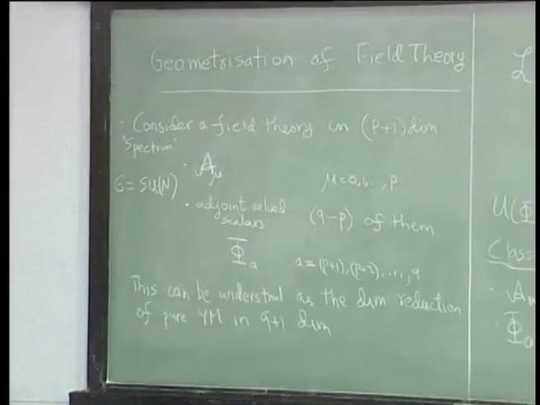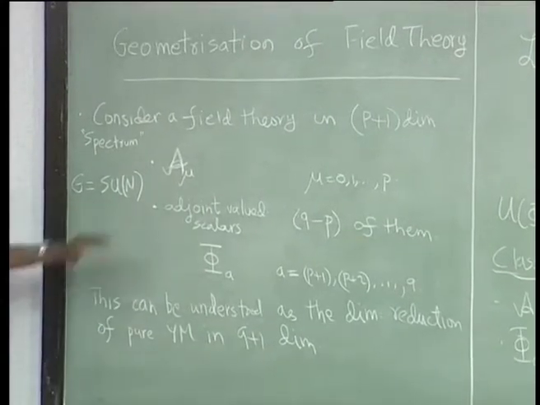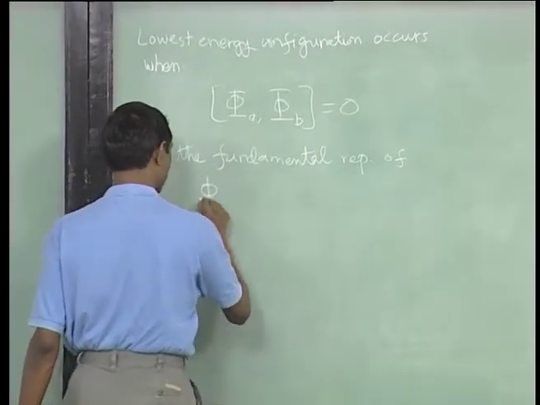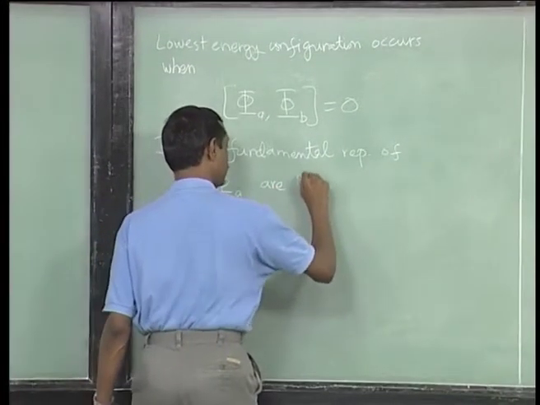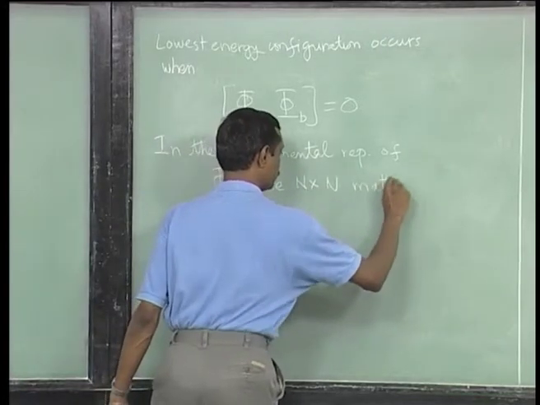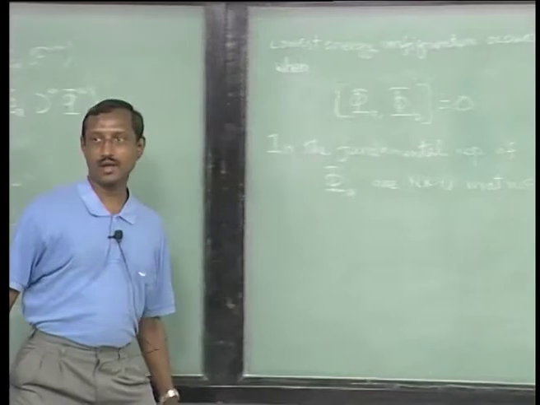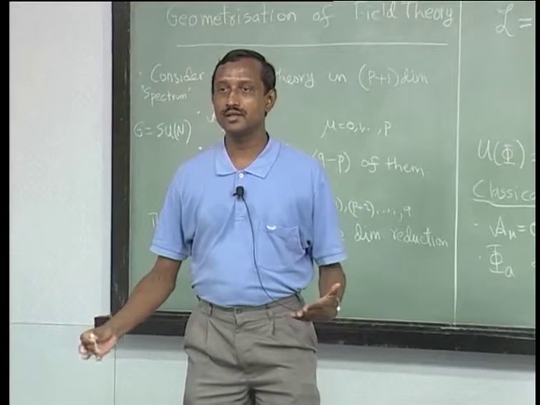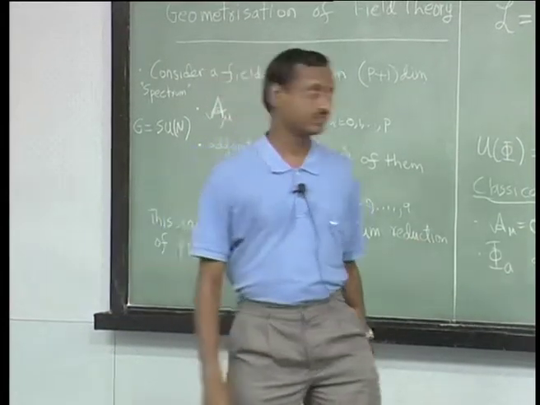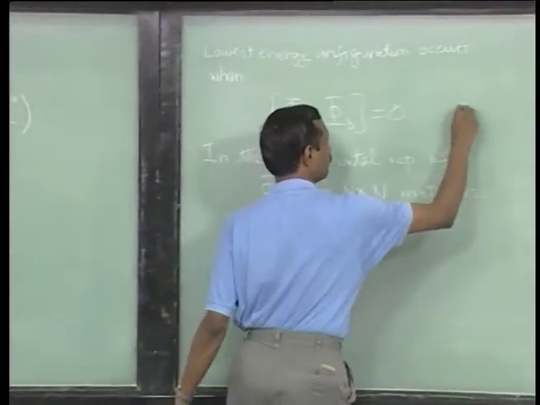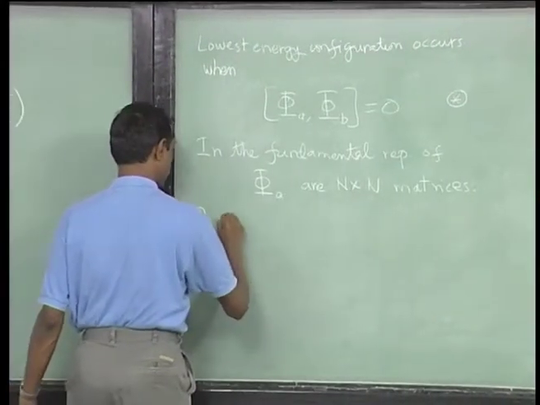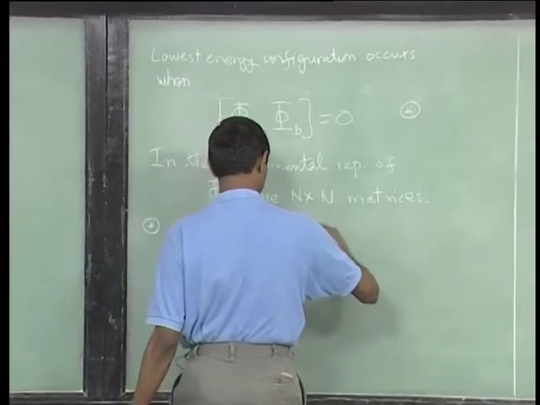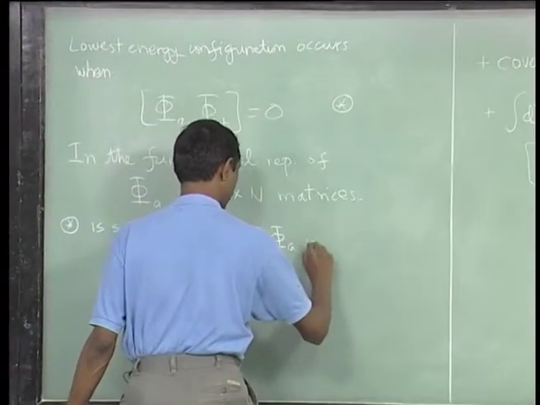I will change it to U(N) pretty soon. But since we discussed SU(N), in the fundamental these phi a's are N by N matrices. Okay. And if we want all of them to commute, the simplest solution is that they all be diagonal matrices. Okay. So the condition star is solved if all the phi a are diagonal.